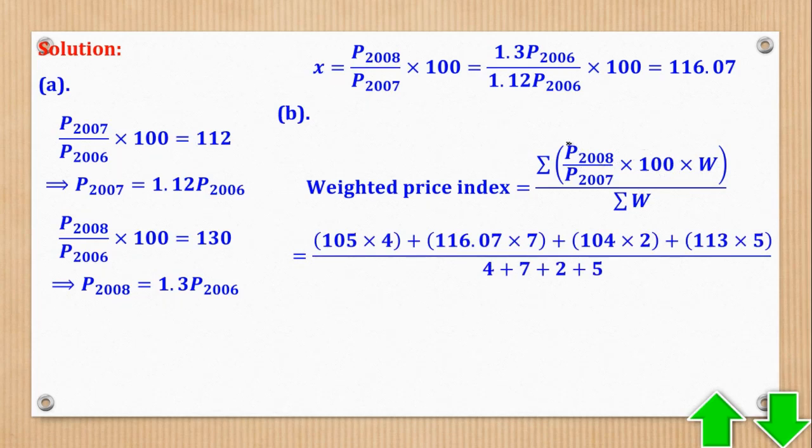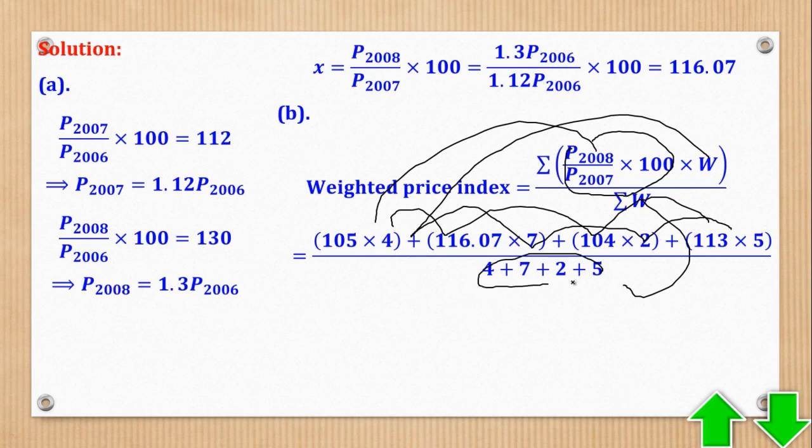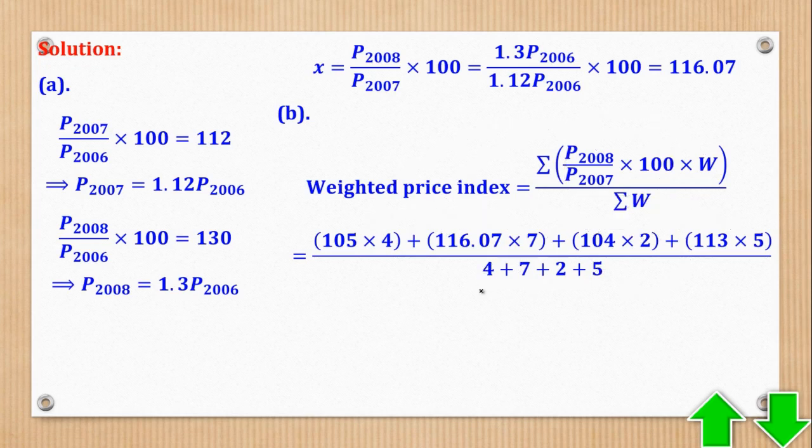So the whole of this is equal to what is in the table. That is why you are writing the whole of this will be equal to this, this, and that. It's already multiplied by 100. Then times the weight for each, weight for this, weight for this, weight for this, weight for that. Then over the total of the weights. Then use the calculator, and that will be the answer they wanted.